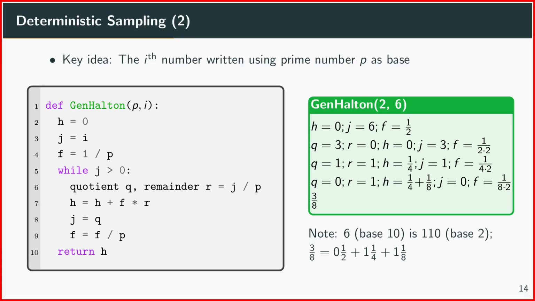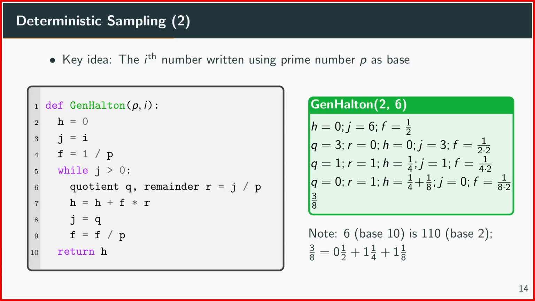And then you go to the last iteration. You compute, again, j divided by p. You get q is 0, r is 1. h becomes 1 divided by 4 plus 1 divided by 8. You update your j, which becomes 0. And you also update your f, which becomes 1 divided by 16. And then in the end, you are done because j is 0, and your output is 3 divided by 8.